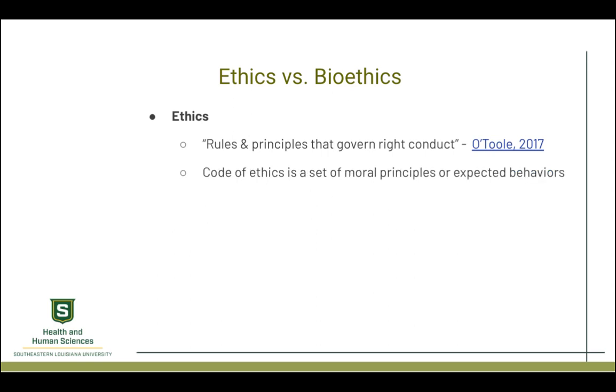So a code of ethics is a set of rules and principles that dictate what expected behavior is. We make rules and say this is what right conduct is, and they become those moral principles on which we are meant to model our behavior. That is what a code of ethics would be.